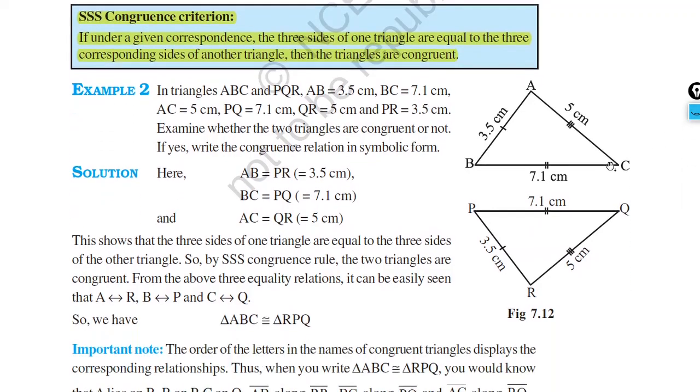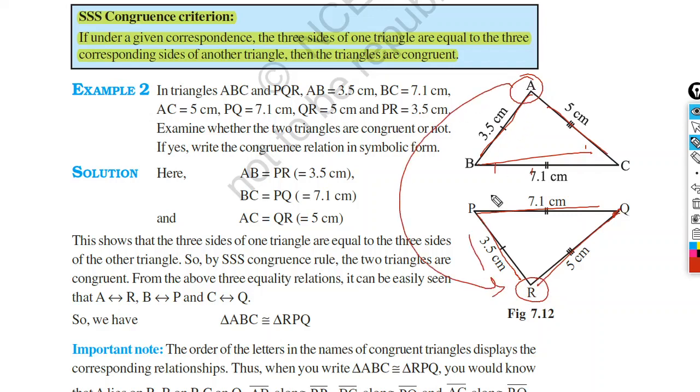Okay. You can see the example here. Here you can see AB is equal to PR, BC is equal to PQ and AC is equal to RQ. Here also you can see A is corresponding to R. Then B point is corresponding to P point.